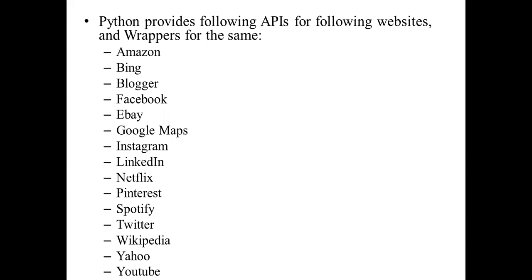So these are the most widely accessed sites where different trends can be there, or with respect to the time the trends change, or during the festival, etc. Then we have a new vibe, and because of which we wanted to study the marketing strategies, and for this purpose it will provide us APIs as well as wrappers for those sites. Not only in Python, in R and other programming languages also, we are having these APIs.